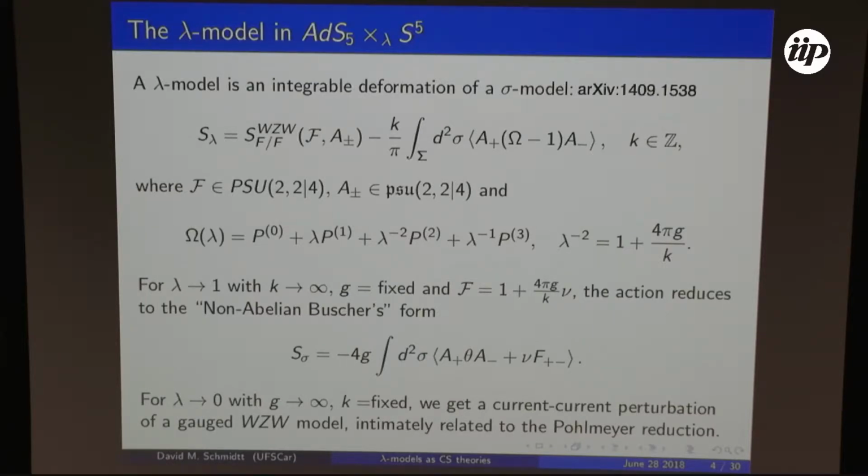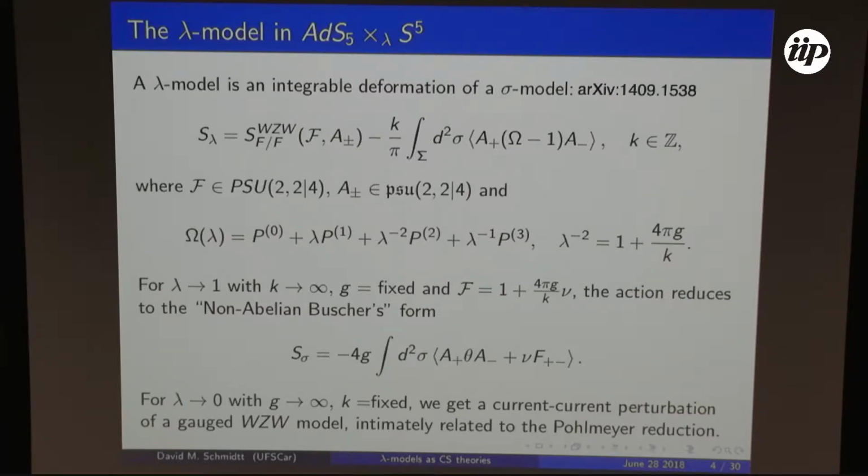There are two interesting limits. The first one is as lambda goes to 1, big level, G fixed, and expanding the group element around the identity, so the action reduces to the non-abelian Buscher form, or the first order form I wrote before. Then again, using the equation of motion of the Lagrange multiplier, we can come back to the Green-Schwarz action.